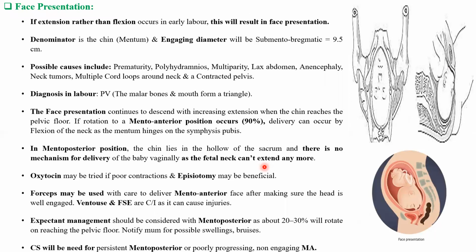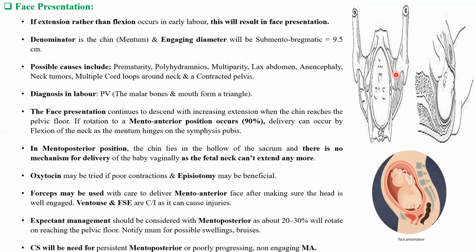Another common and repeated question in structured discussion will be about face presentation. Face presentation, again, is a longitudinal lie. The face will be presenting because extension of the head occurs rather than flexion. In the normal mechanism of labor, flexion of the head will occur, so the vertex will be presenting.